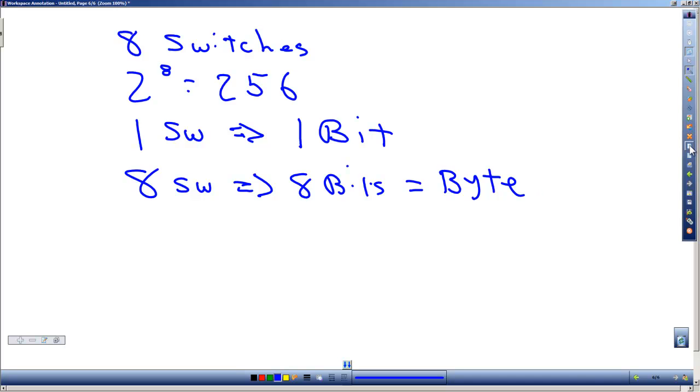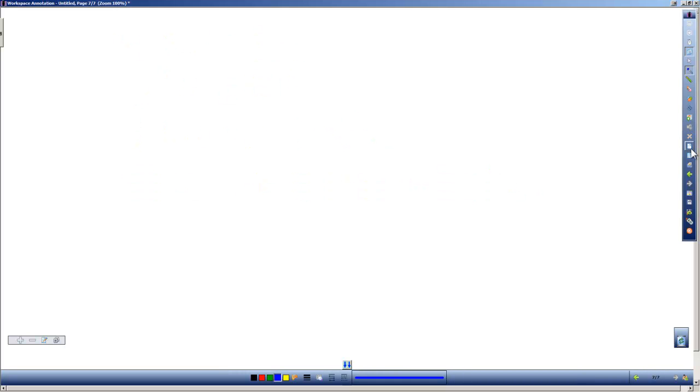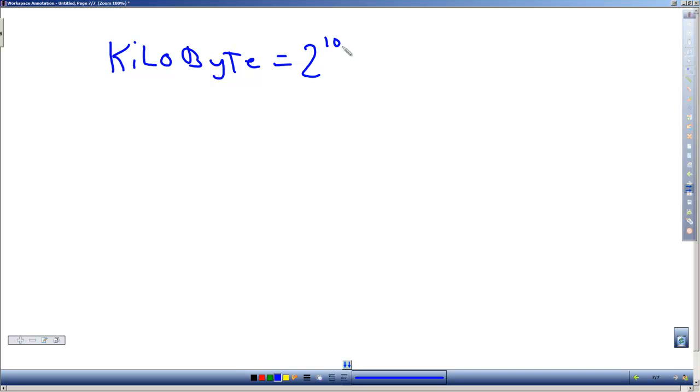When we talk about storage and these banks of switches and groups of switches in a computer system, we talk about how many bytes, and there's some terminology that we'll hear. We'll hear of kilobytes. A kilobyte is actually 2 to the 10th, or 1024 bytes.